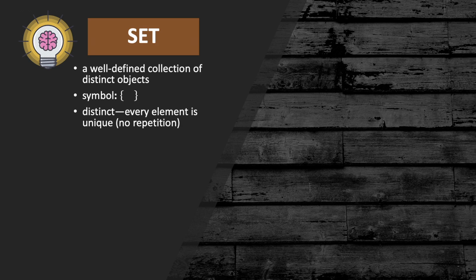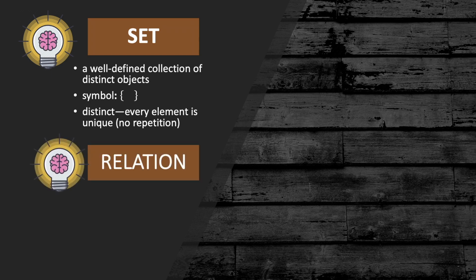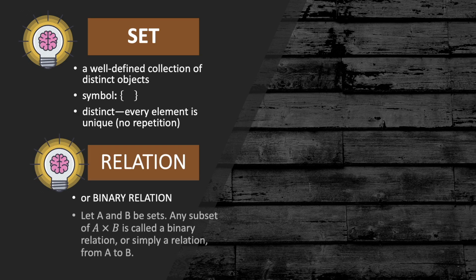Therefore, when we place each element in the set, we need to make sure that no element is repeated. We have learned that there exists a relation or binary relation between subsets or elements of A and B, or we say an element a is related to an element b if and only if the ordered pair (a, b) belongs to the set.